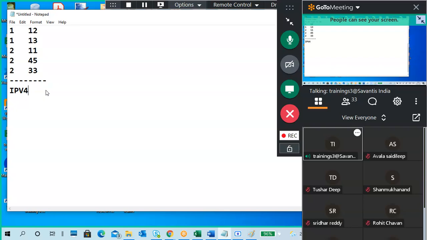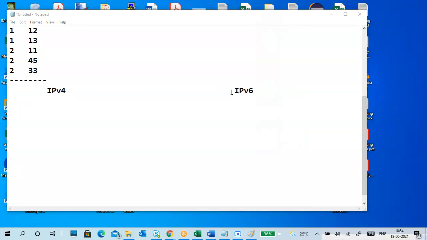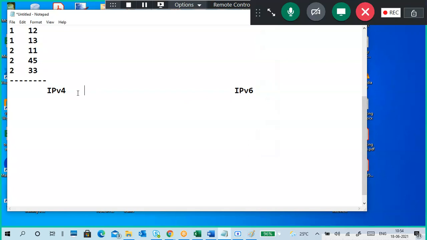IPv4. There are two versions of IP addresses. One is IPv4, another one is IPv6. Initially people started developing IPv4.